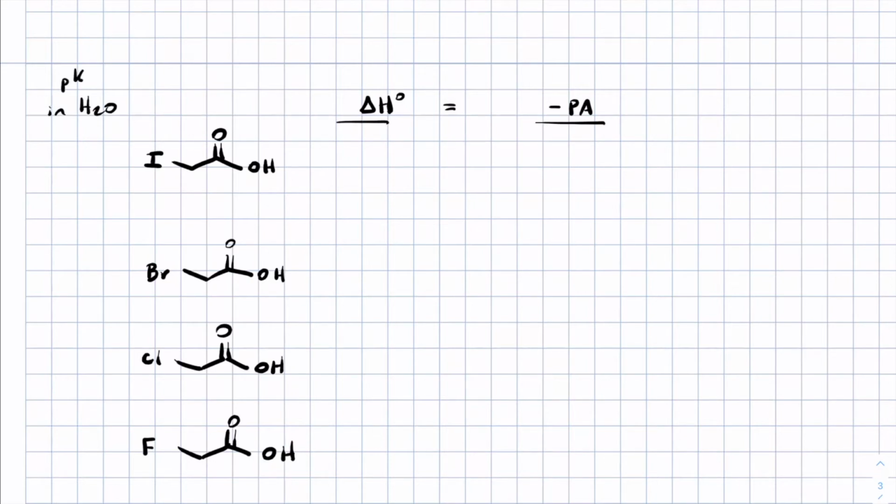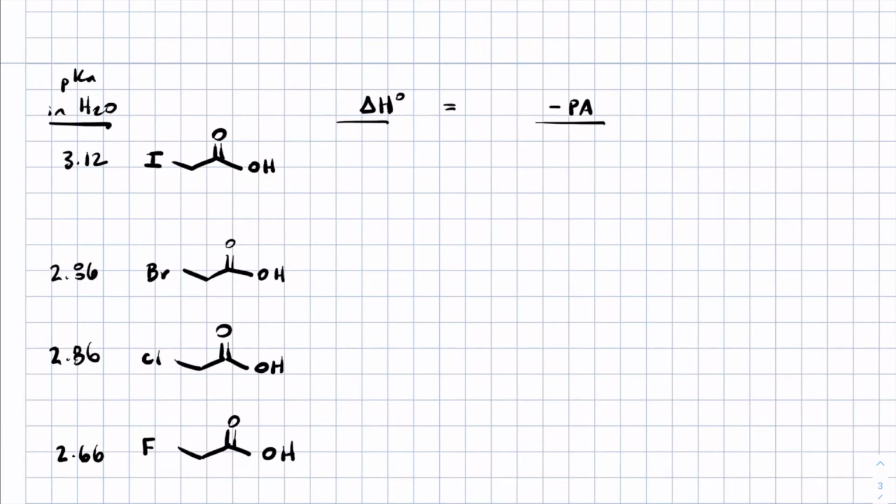Just for our expectations, in water, the pKa's for these acids are as follows. The fluoro variant is most acidic. The chloro and the bromo are close seconds, and the iodo is least acidic.